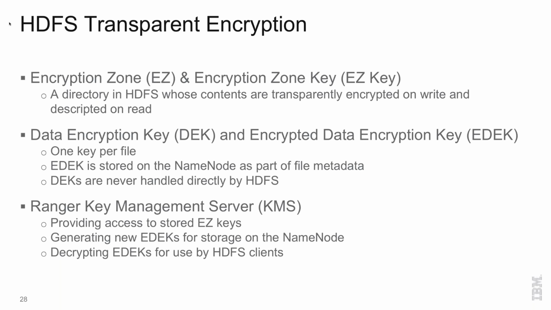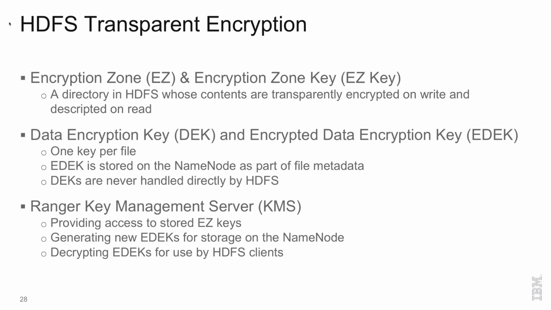The good news is that the data encryption key is never handled directly by HDFS. HDFS will not know either the data encryption key or the encryption zone key. All these keys are managed and stored by the key management server, so-called KMS.